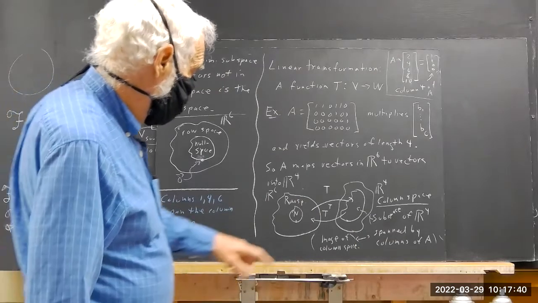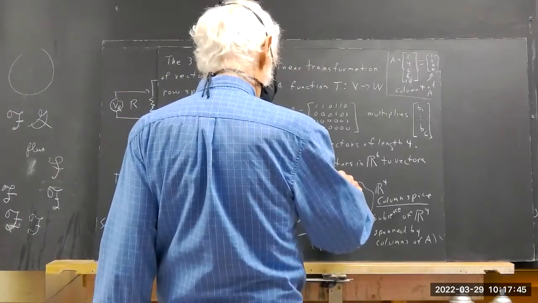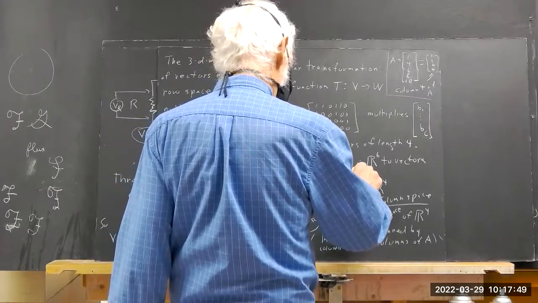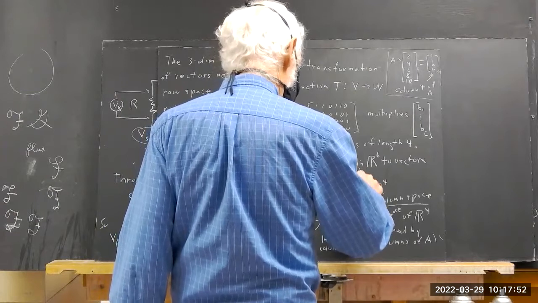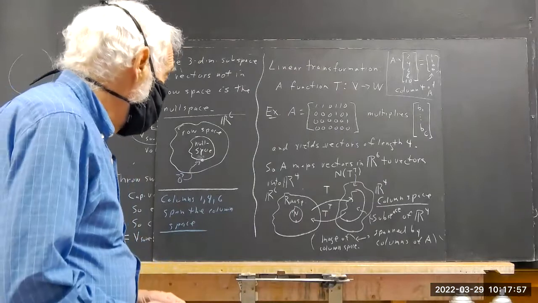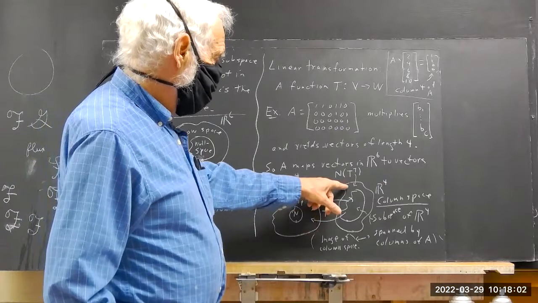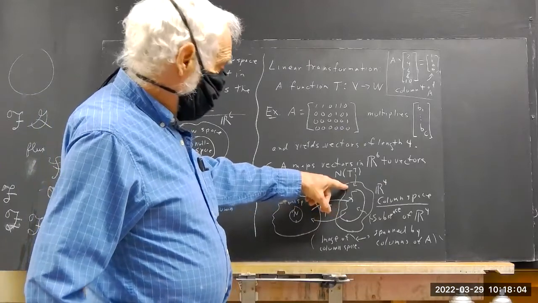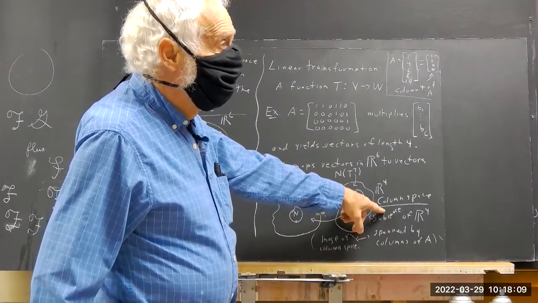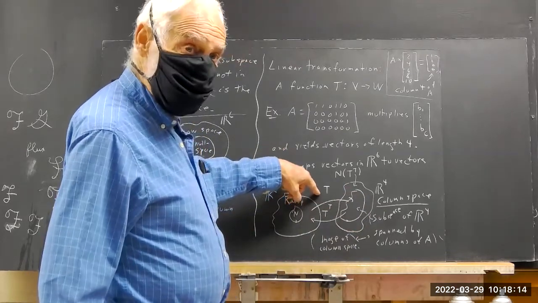And this space out here is the null space of the transpose. In other words, every vector out here is not in the column space of the transformation.